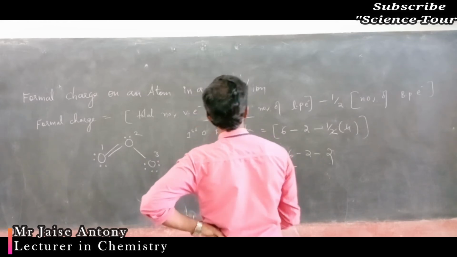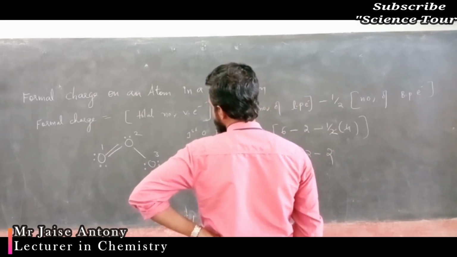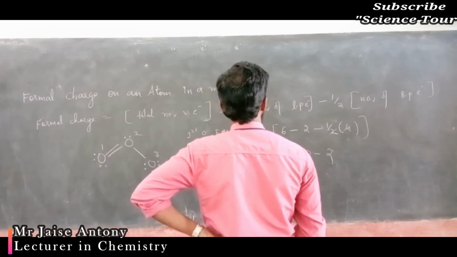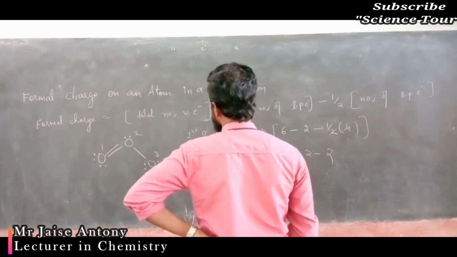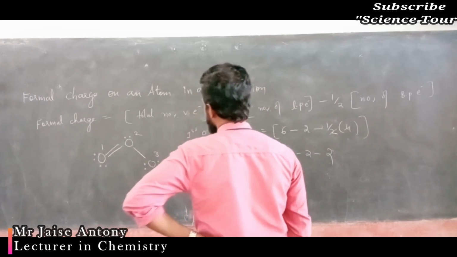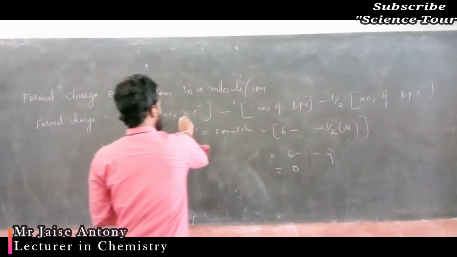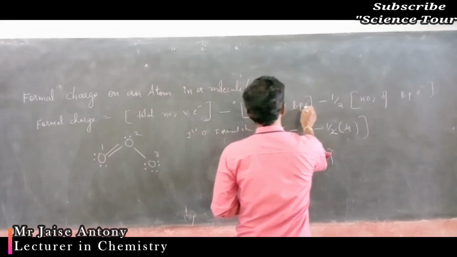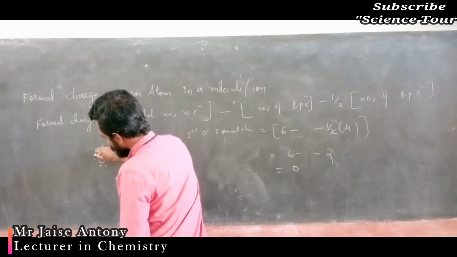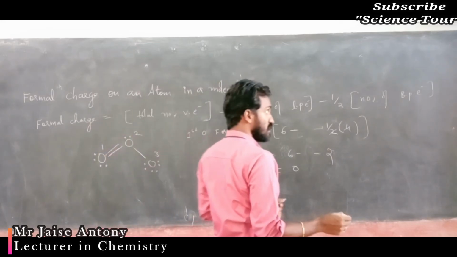Okay, number of bond pair of electrons is 4. Number of lone pair of electrons is 4. Here, total number of valence electrons minus number of lone pair of electrons. In first oxygen, 4 lone pair of electrons is there.